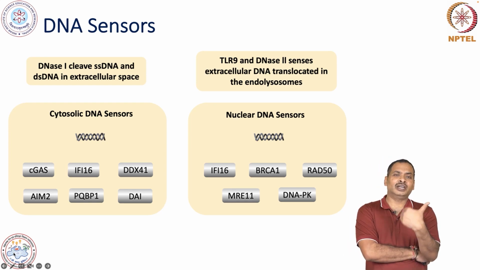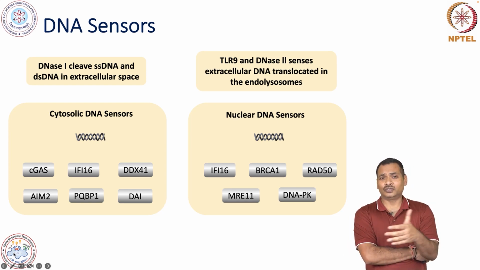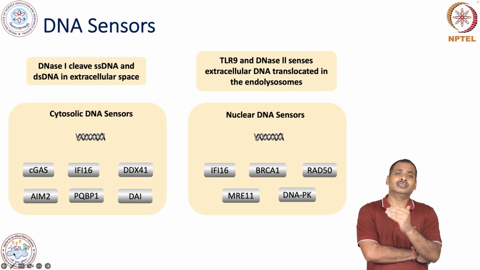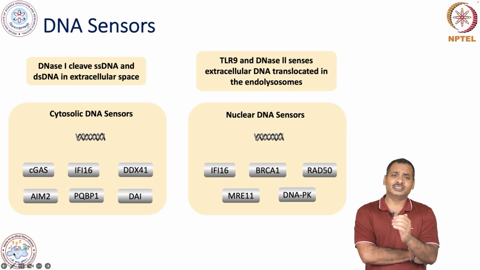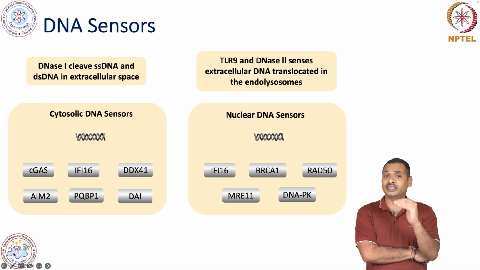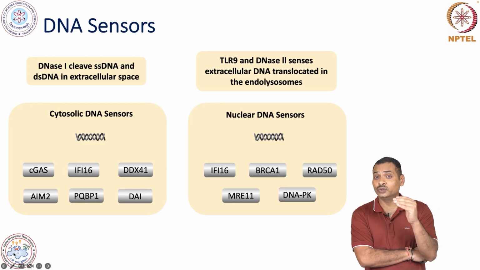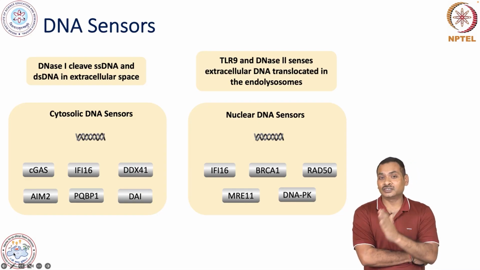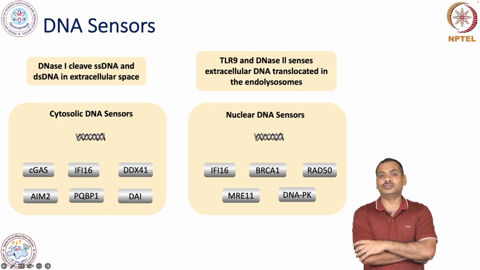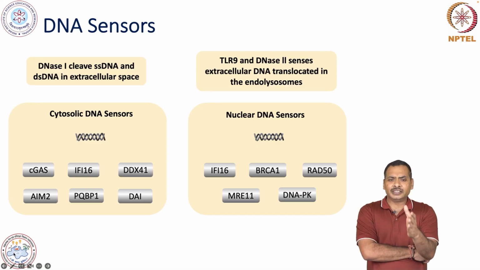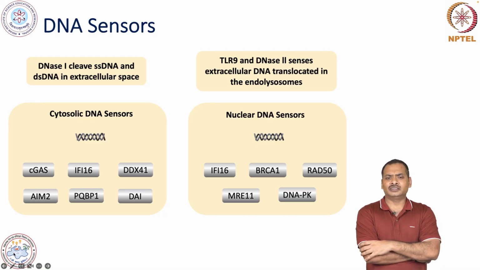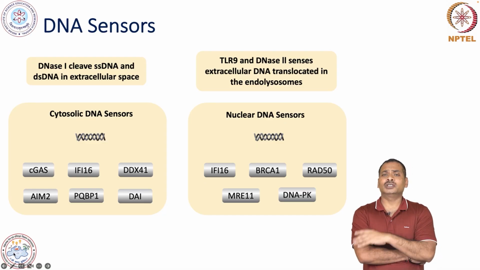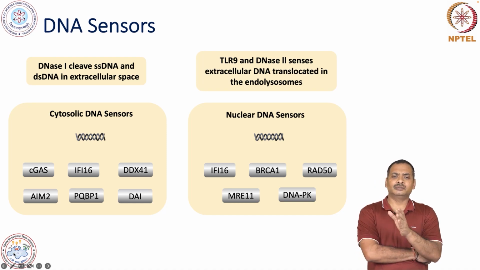And I will show you in a subsequent slide one of our works, that IFI16, which is sensing DNA, can also sense influenza virus RNA. This is our work, and this is inducing a kind of cell death which we call pyroptosis.